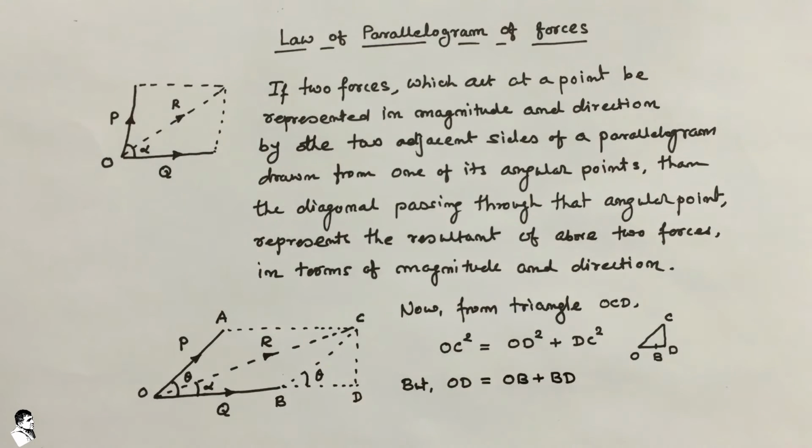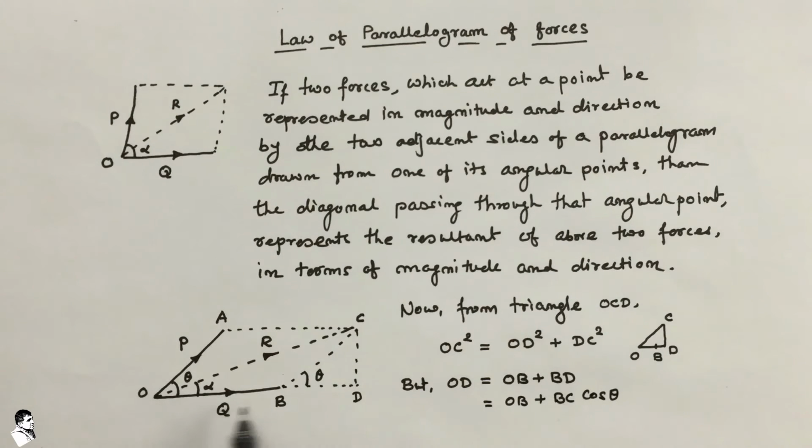Right, now what is BD? Because this angle is theta, BD is nothing but BC cos theta. So again, OD is equal to OB plus BC cos theta.